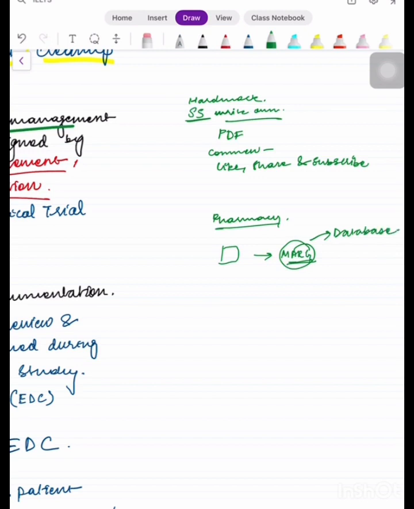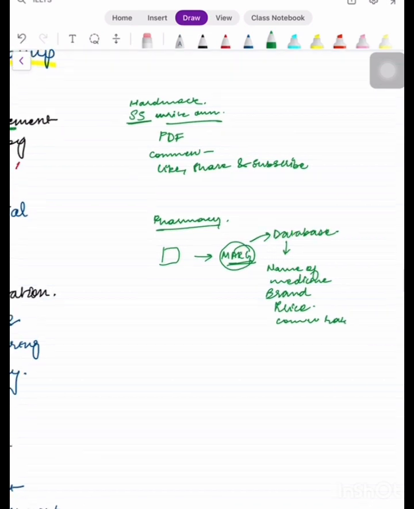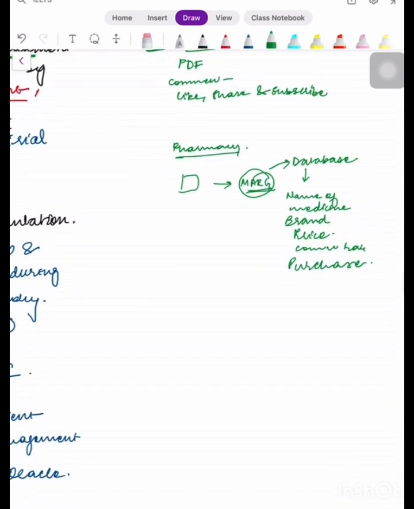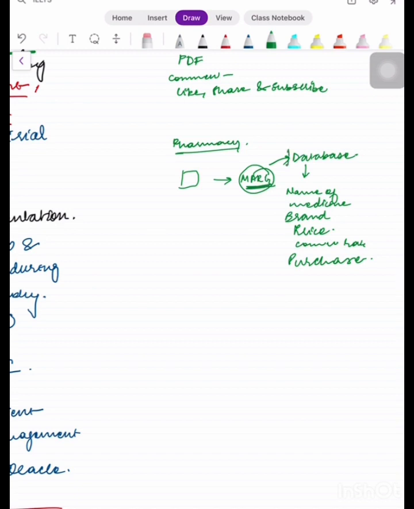This database has names of medicines stored in it, certain drugs, its brand, its price, conversion rate, purchase rate, retail rate, selling rate, all these things. This database helps them to fetch these drugs when a person is trying to print out a bill.